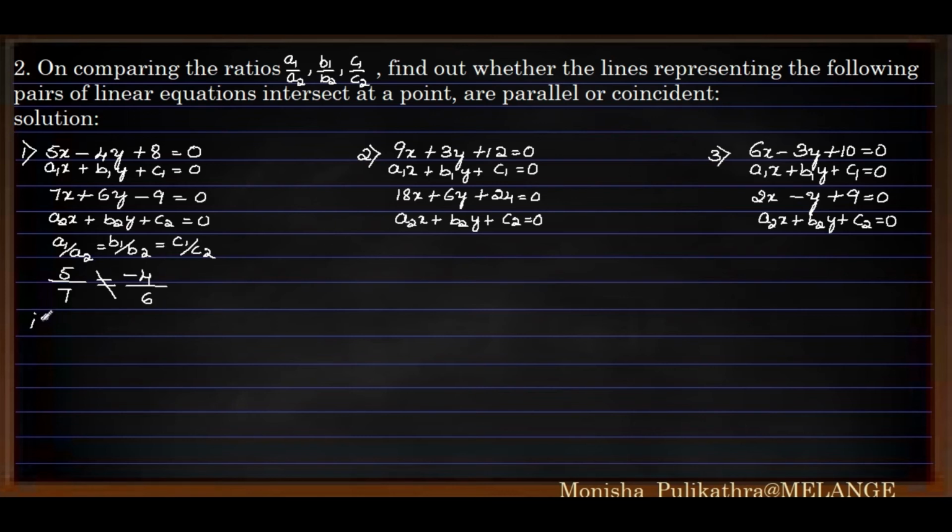If A1 by A2 is not equal to B1 by B2, then these two lines intersect each other.